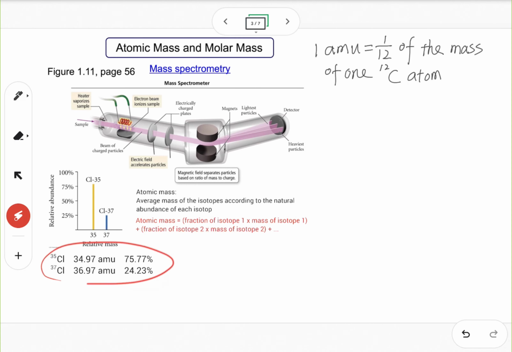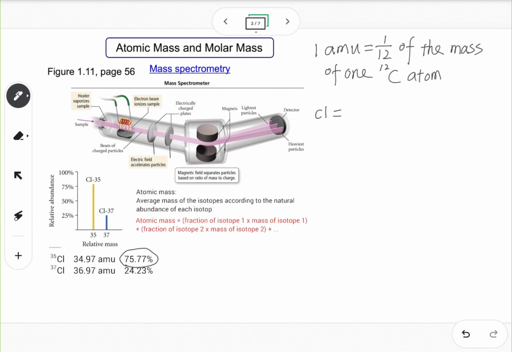So here we will use the two isotopes of chlorine as an example to demonstrate. Let's set up the equation for us to do the calculation. The atomic mass of the chlorine element equals, well, the first isotope, chlorine 35, natural abundance is 75.77%. Remember, this is a percentage. In order to get the value of the percentage, you have to divide this number by 100.